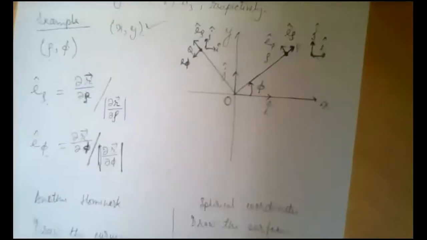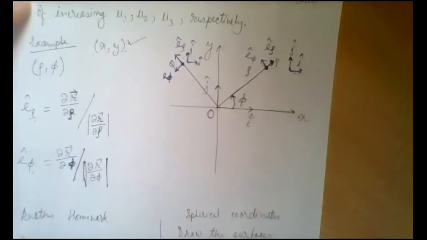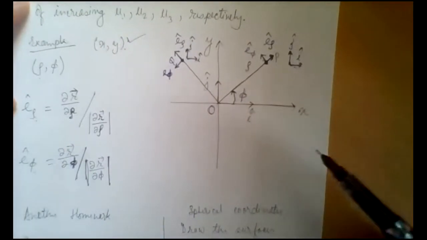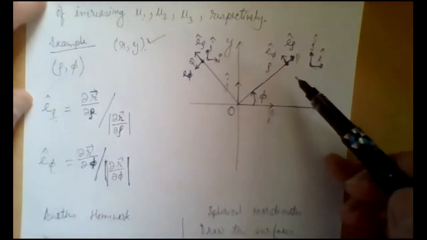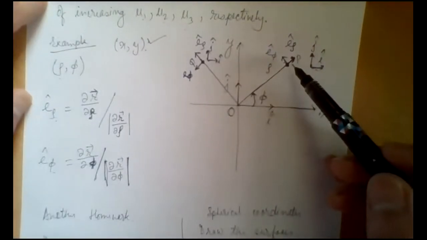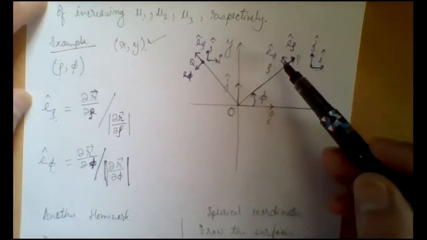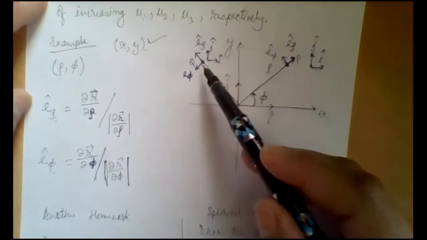And then we discussed one example in 2 dimensions. We used the polar coordinate system represented by rho and phi, and we saw that the unit vectors E rho and E phi are different at different locations.